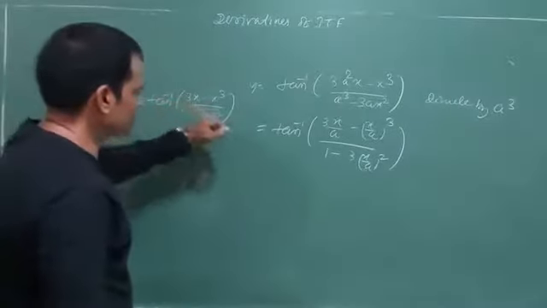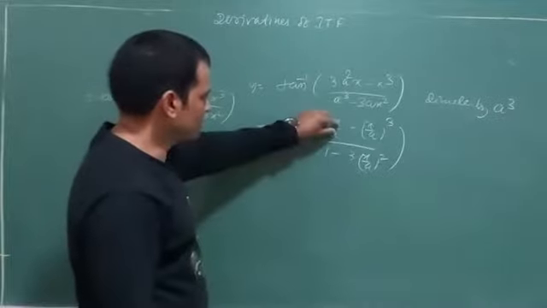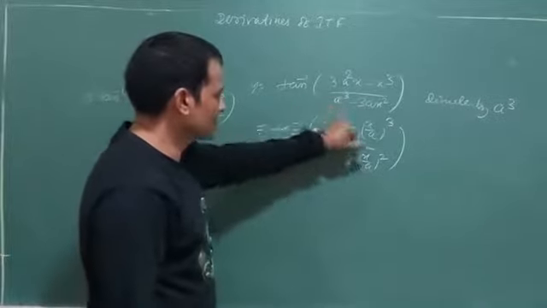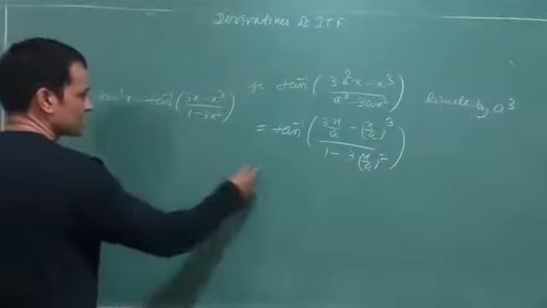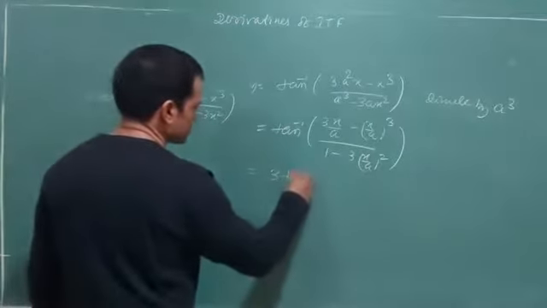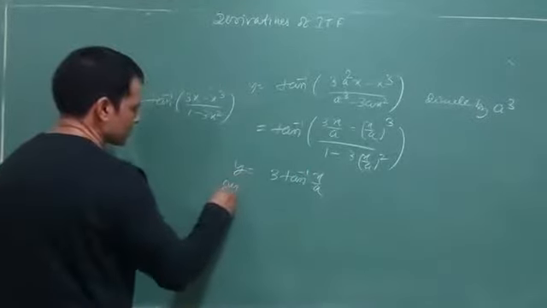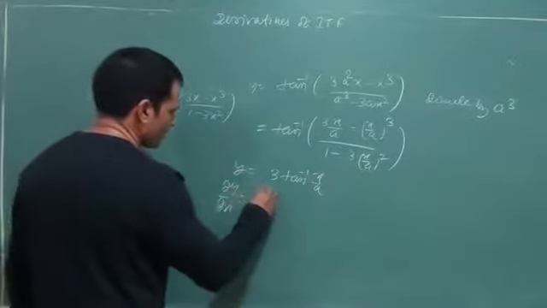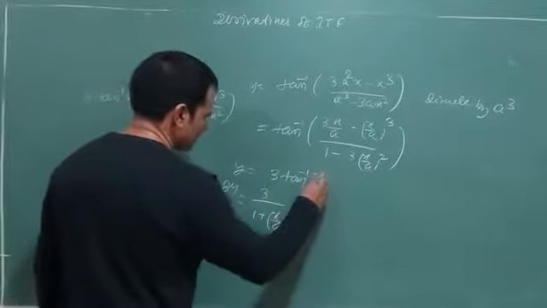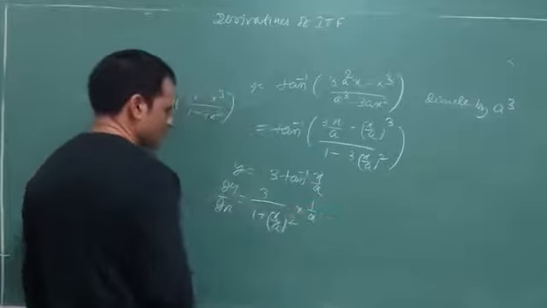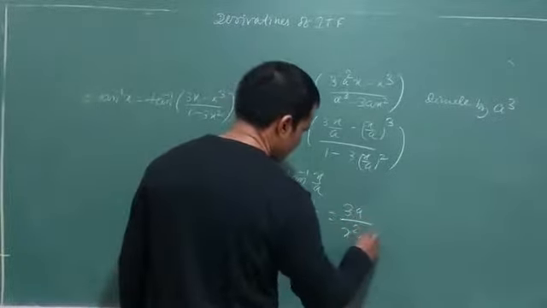See, 3x minus x cube by 1 minus 3x square. This, if we consider as x or y, is in the format. So I write down 3 tan inverse of x by a. y, dy by dx is 3 by 1 plus x by a whole square into derivative of x by a, that's your 1 by a. Answer is 3a by x square plus a square.